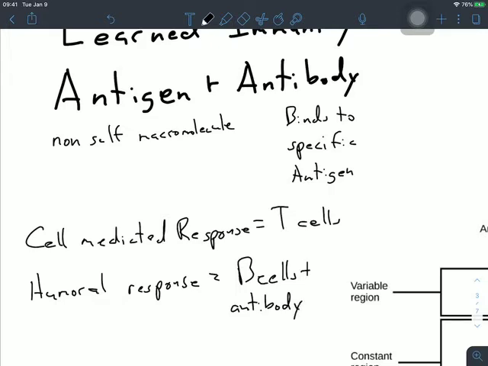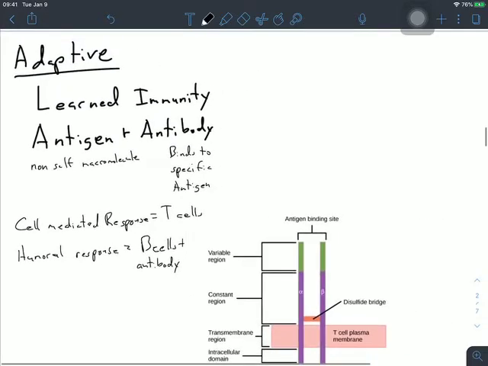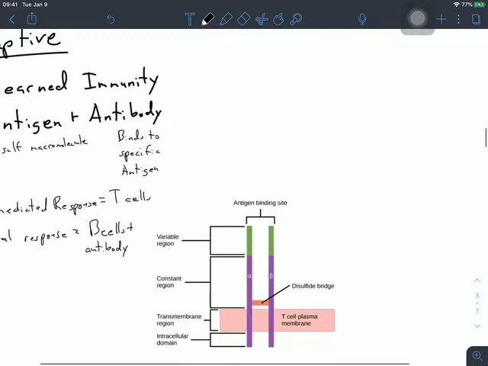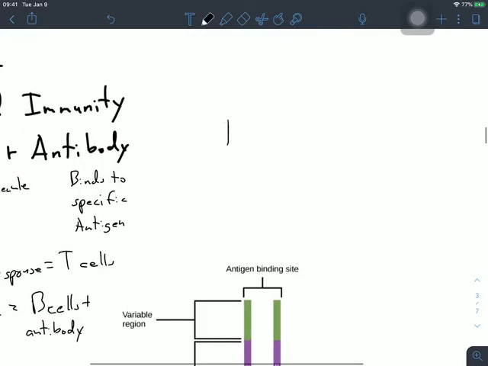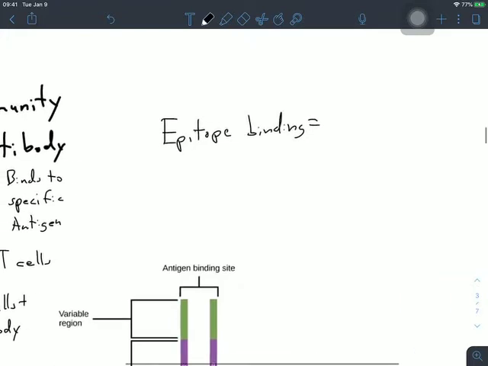Though both of them are using antibodies. These B and T cells have what we call epitope binding. Meaning that they're able to identify the antigen with an antibody.